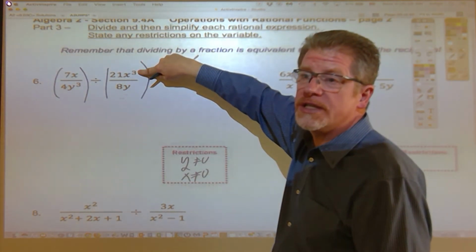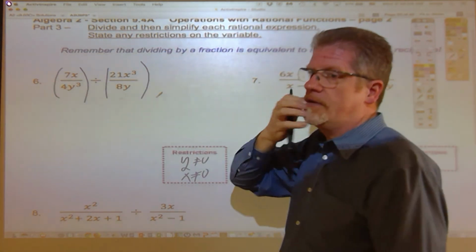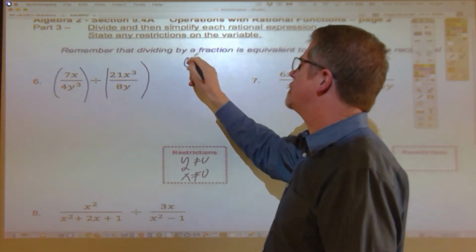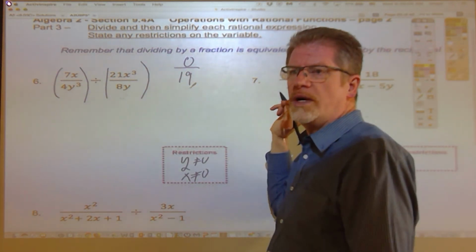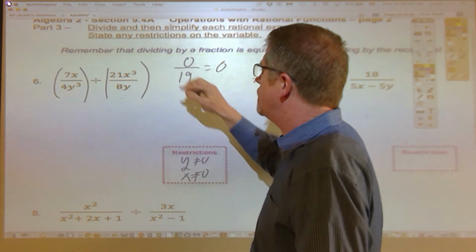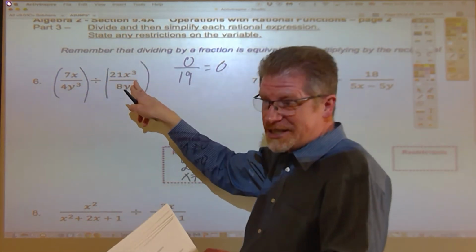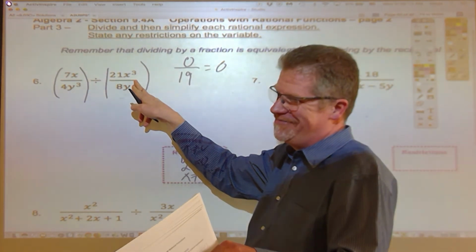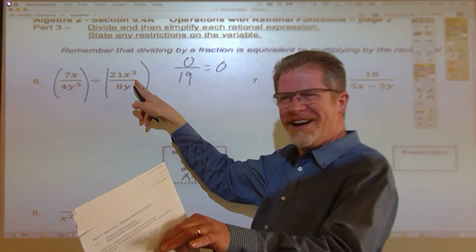When the numerator is equal to 0, then the fraction overall is equal to what? For example, take something like 0 divided by 19. What is 0 divided by 19? It's 0. So if x is equal to 0, then we would be dividing by 0. That's crazy.